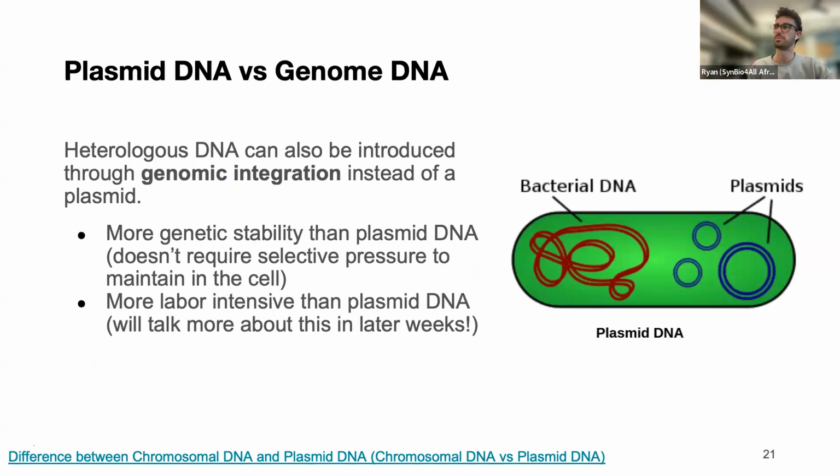With pretty standard workflows, there's a high percentage of success, and there are some common troubleshooting and common failure modes. I think that ICE is going to talk about that in maybe week 5, when we're talking about what molecular biology or synthetic biology looks like in the lab. But there are a lot of tips and tricks you can do along the way to improve your chances of success and also measure your success.